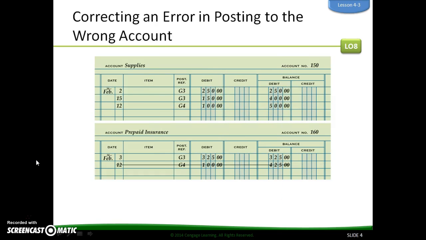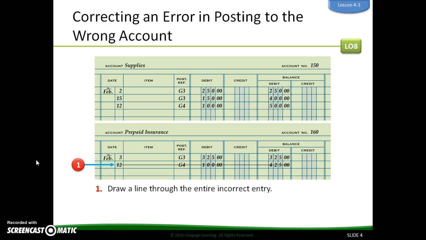Now, after we go ahead and record that in our journal, we need to correct the posting error in the ledger. So, as we're looking at correcting it in our ledger, first thing we're going to do is draw a line through the incorrect entry.